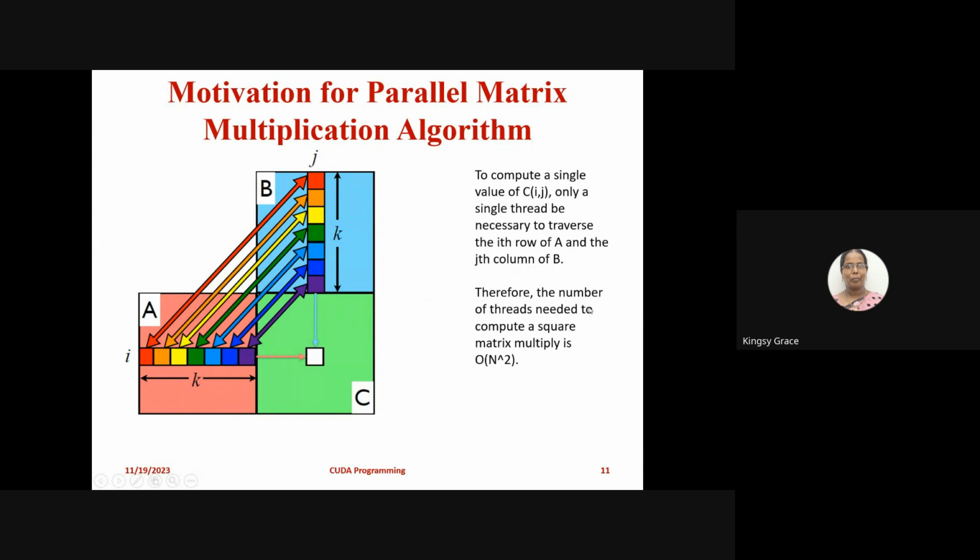For a single value of Cij, only a single thread is necessary to traverse the row and column. I already told you that for traversing one matrix row you need one thread, and for one matrix column you need one thread, because you are multiplying the row of one matrix with the column of another matrix. So the number of threads needed to compute the square matrix multiply is n square.